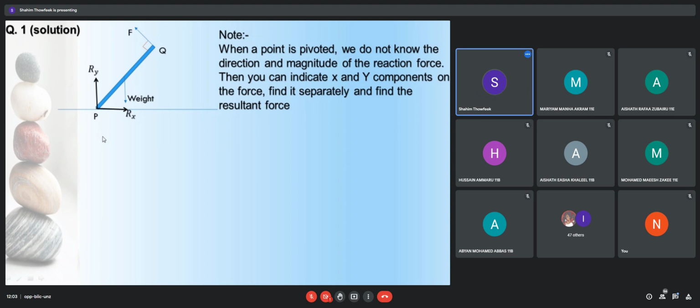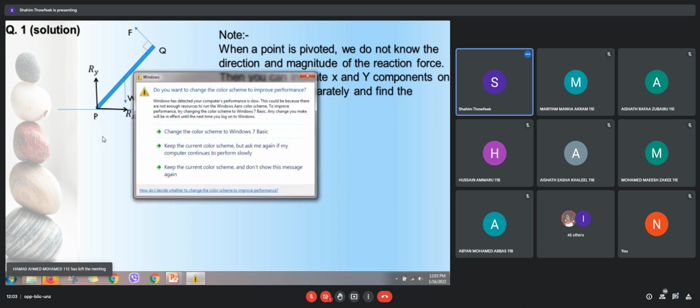What they're asking is to find the magnitude of force F at point Q. To find the magnitude of F, what is the best option? The best option is, since the beam is in equilibrium, use moments.